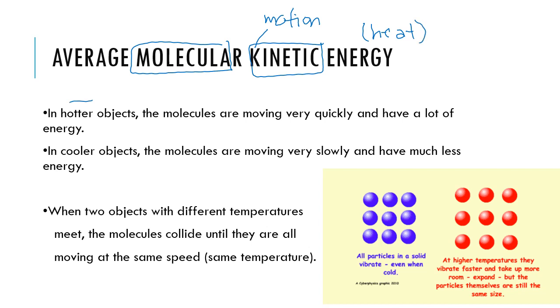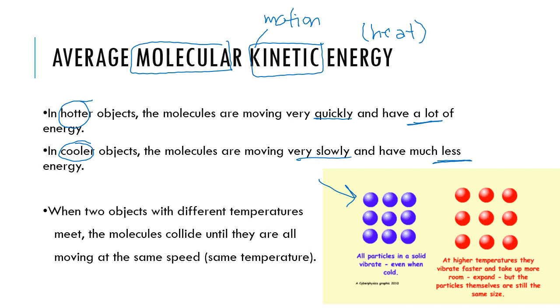So in our hotter objects, the molecules are moving very quickly and have a lot of energy, as we saw in the video. Whereas in our cooler objects, like ice, molecules are moving very slowly and have much less energy. So we can see here in the solid form, it's not that the particles will never have energy, right?